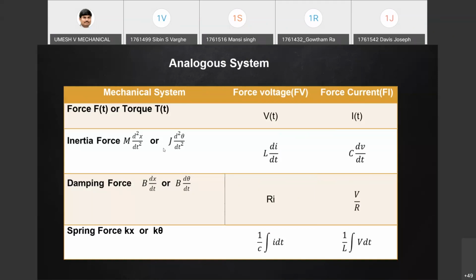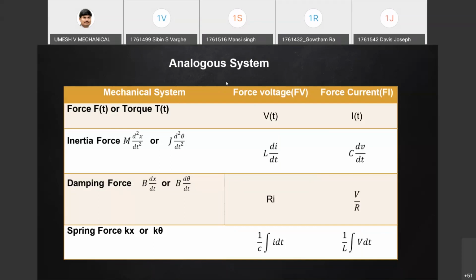Is it done? Have you noted? Say yes or no in the chat box. Okay, fine. Let us move to the numericals.